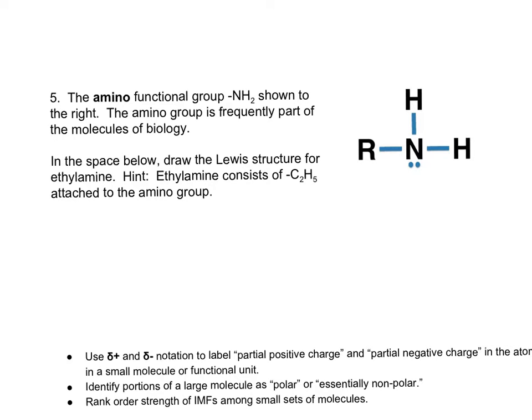So this question states, in the space below, draw the Lewis structure for ethylamine. Ethylamine consists of C2H5 attached to the amino group. On our actual test, questions like this are designed a little bit differently. I think I show you a big molecule and have you find the functional group.